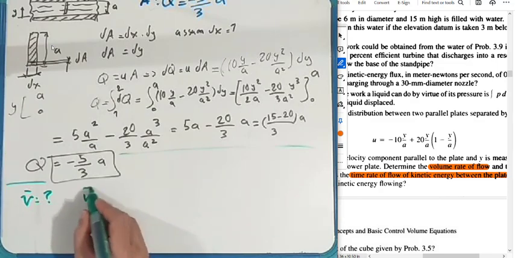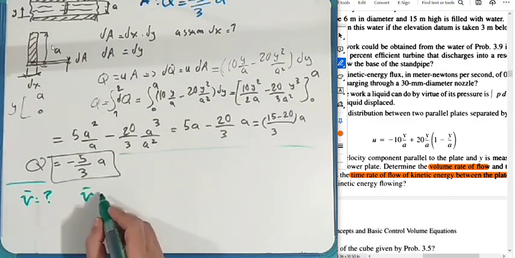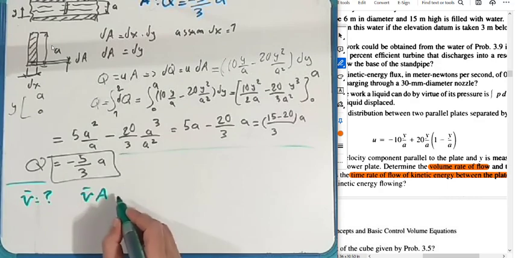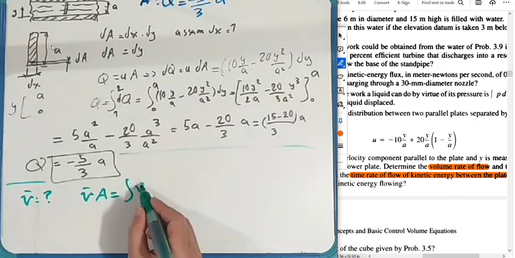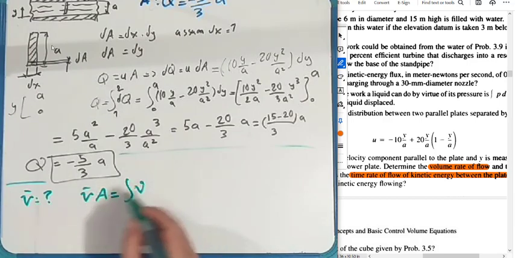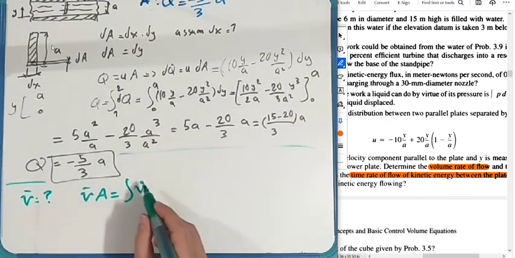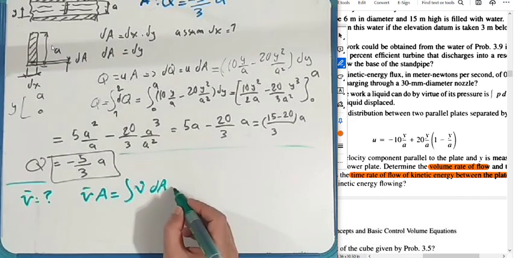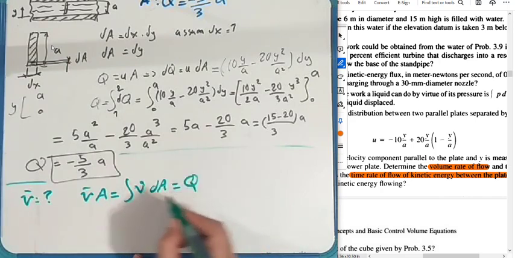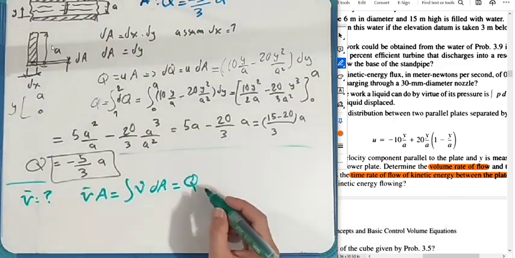I know that v bar multiplied by A will equal v, which is different from this v. Both are velocity, but this is the average velocity and this is not the average velocity, multiplied by dA. It would be something like the flow rate, this one.